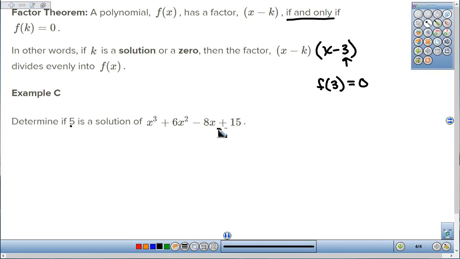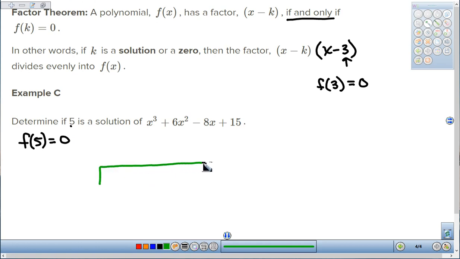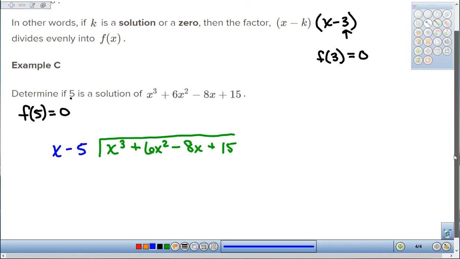So if 5 is a solution, we're saying that f of 5 equals 0, and we can determine if that's true by doing a division and determining if this polynomial is divisible by the factor, not 5, but x minus 5. Okay, that's the relationship we need to get a hold of.